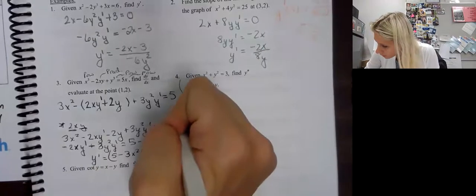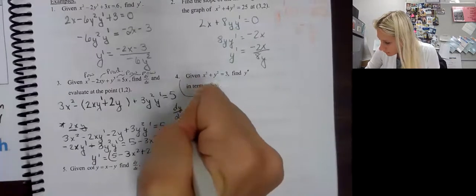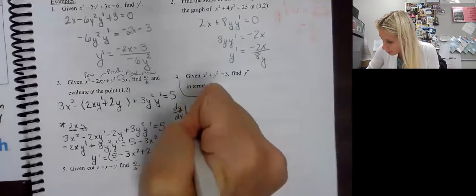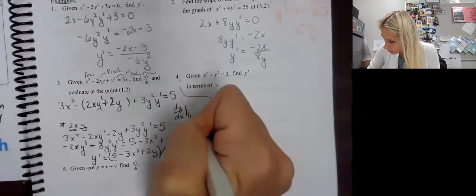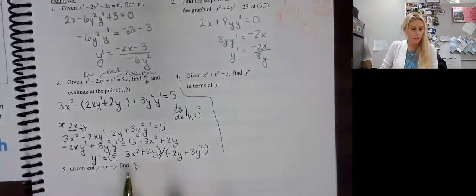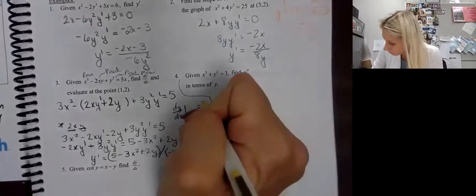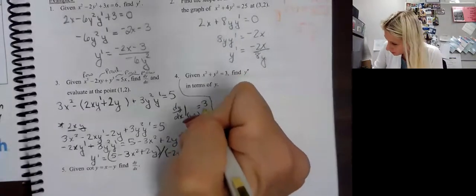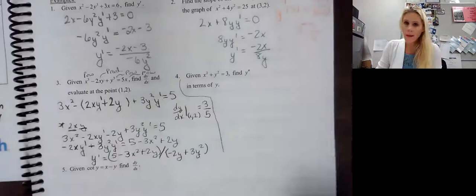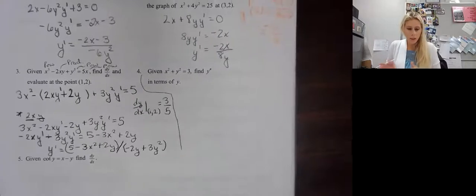So dy dx, because that's the prime of the point (1, 2), equals, because now all I have to do is plug in my 1 for my x's and 2 for my y's, and when I do that, I get 3/5. Okay? Sorry, that was a lot of work and a little bit of space. All right, 2 more examples, and then we are done.